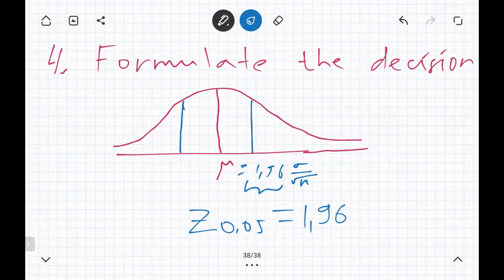So what happens if my sample mean is inside the interval? It means that the mean value did not change. So it means that our null hypothesis is correct. So inside this interval, my mean value is still equal to its old value. So 30 in this case.